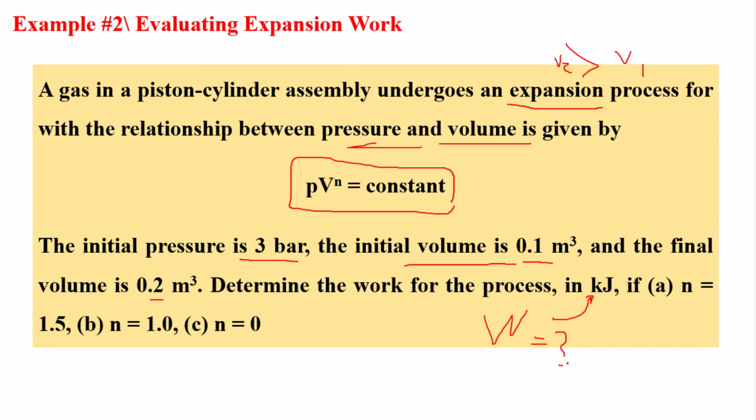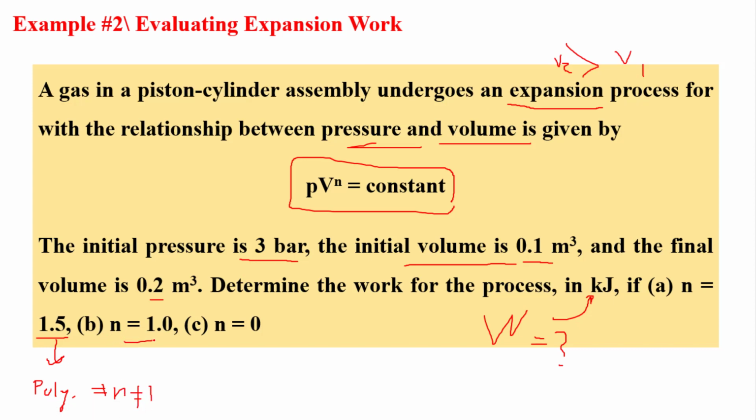Okay. For the first scenario where n equal to 1.5, that means we have a polytropic process, correct? Because n does not equal 1, it is 1.5.